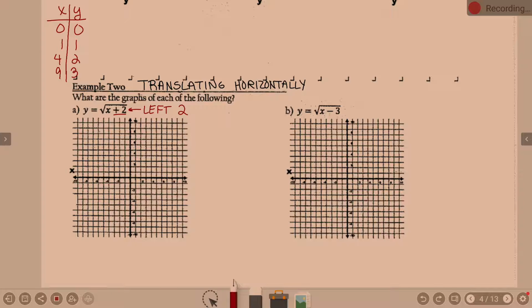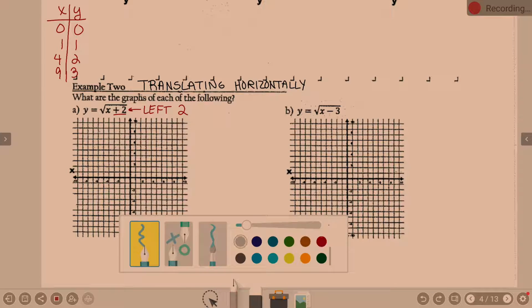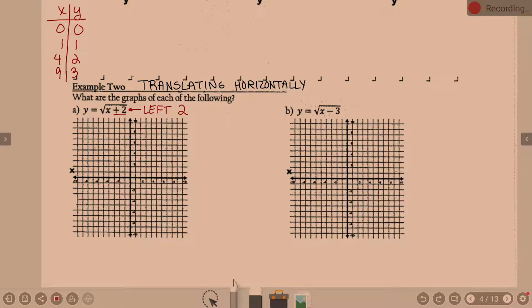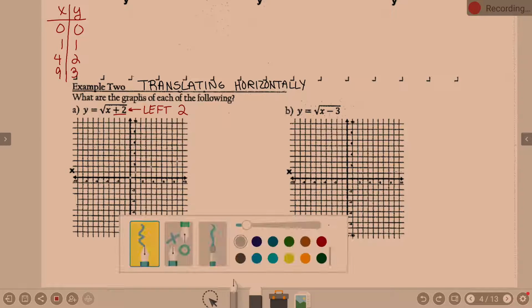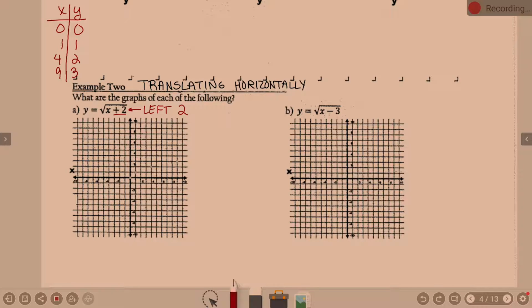Okay, so left 2. Now, again, do you want to put your original dots? That's up to you. If you put your original dots, again, they were at 0, 0, 1, 1, 4, 2, and 9, 3. Just in case. Precautionary measures.